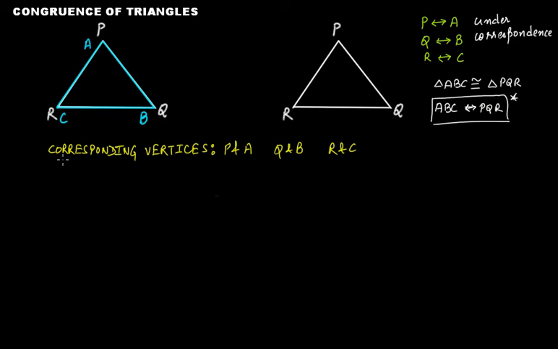Now, since P falls on A, Q falls on B, R falls on C, that is, they are corresponding vertices.